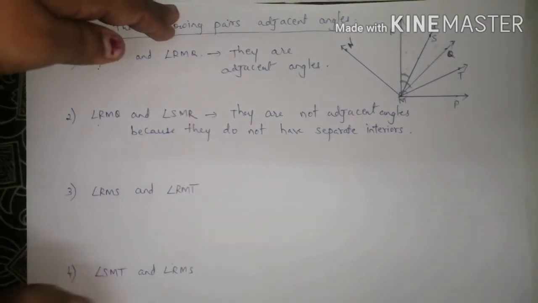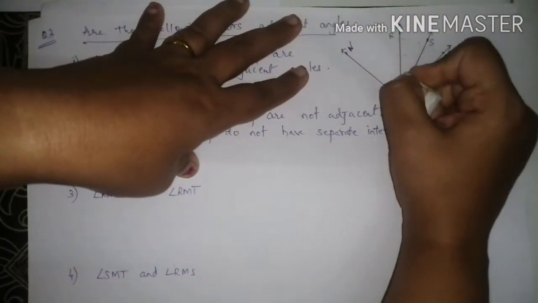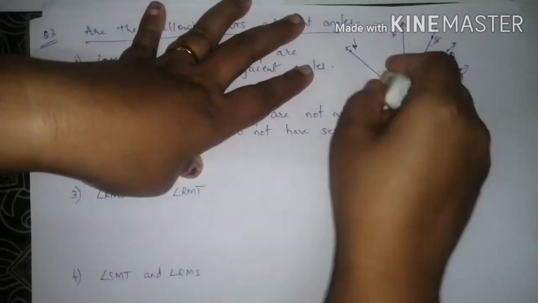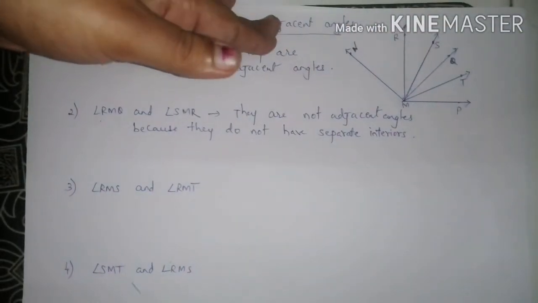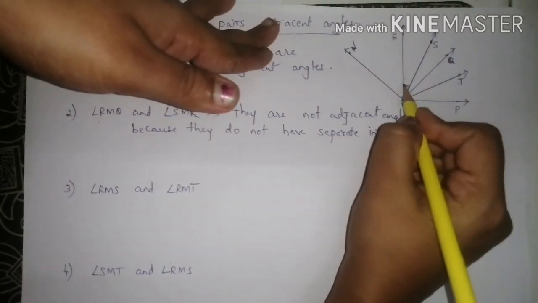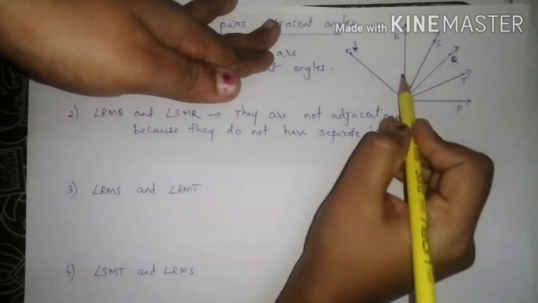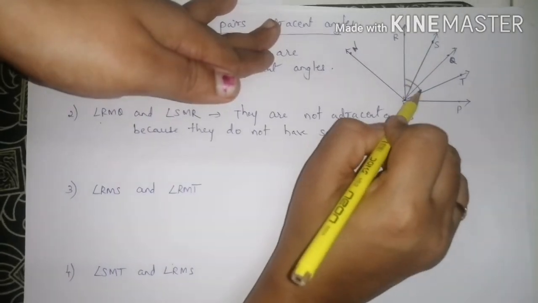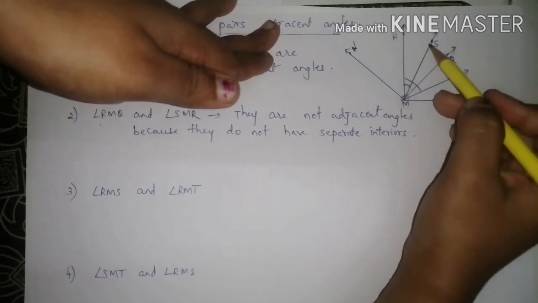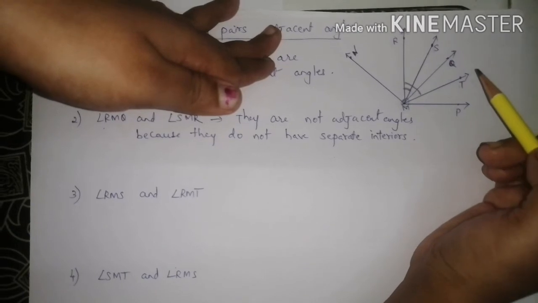Now let's move to the third one, angle RMS and angle RMT. Angle RMS means this smaller one, and RMT this one. Again the same thing: they have a common vertex and common arm, but again the interiors are not separate.